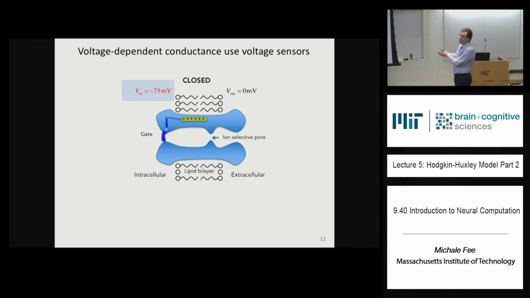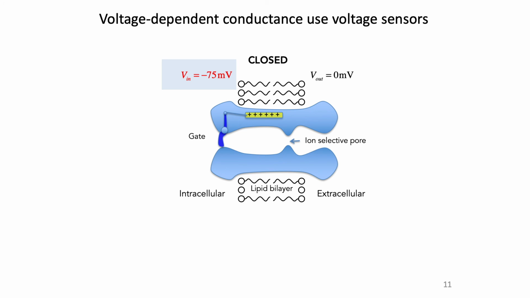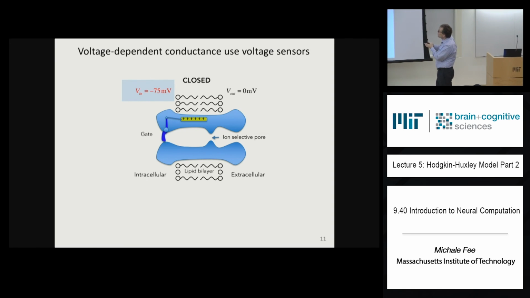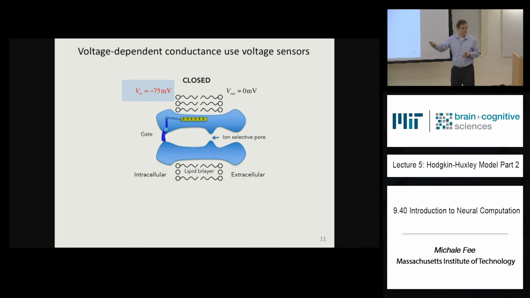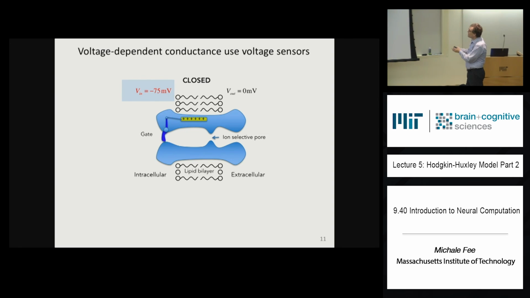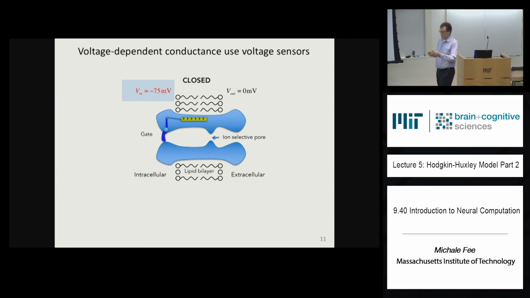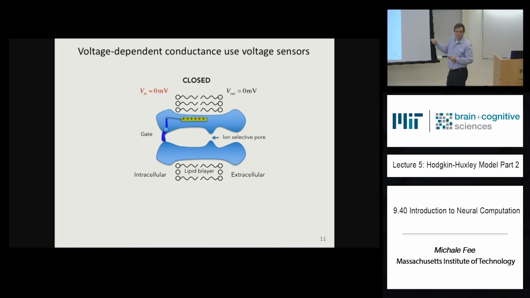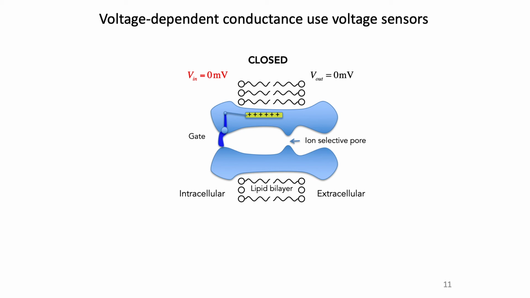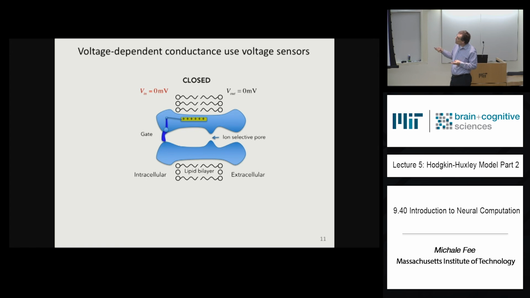When the membrane potential is very negative, when the cell is at rest, you can see that there's a large electric field pointing that way inside the membrane, and that pushes those gating charges toward the inside of the cell, and that closes the gate. When you depolarize the cell, this membrane potential goes closer to 0. The electric field drops, and those gating charges are no longer being pushed into the cell, and they relax back, and the gate opens.